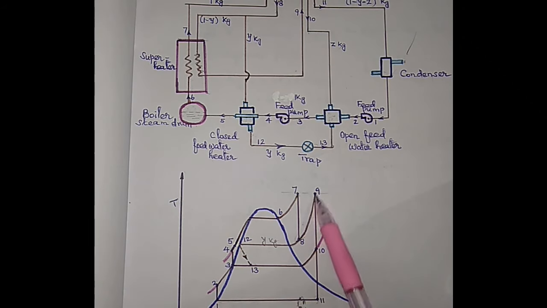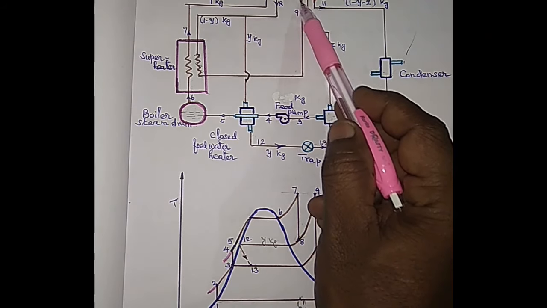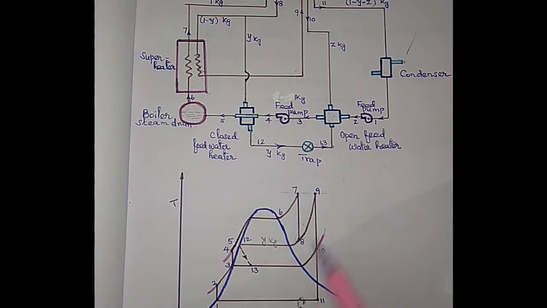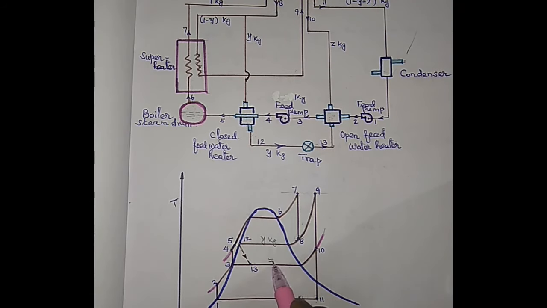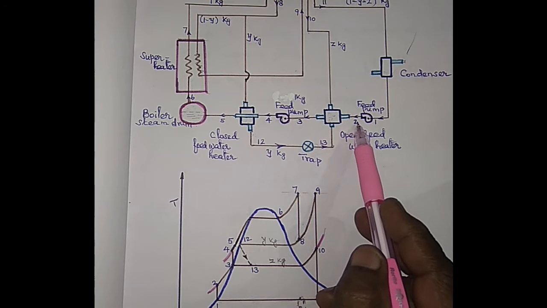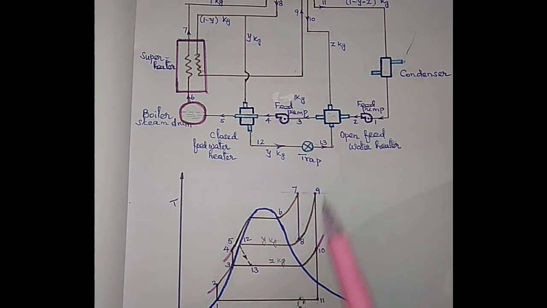So 8 to 9, reheating is done here. 9 to 10 is expansion. And at 10, Z kilogram of steam is used for heating the feed water temperature from T2 to T3. So 2 to 3, the temperature is increased by this steam.